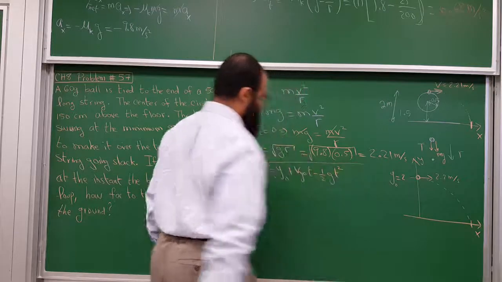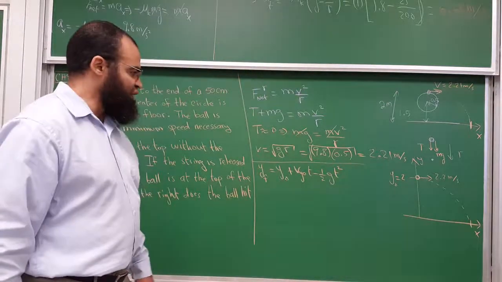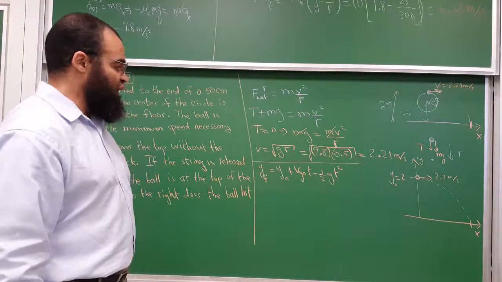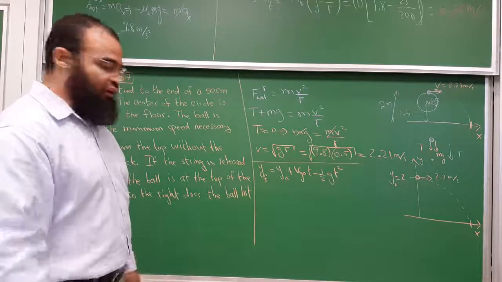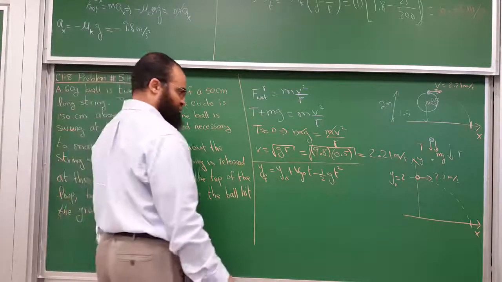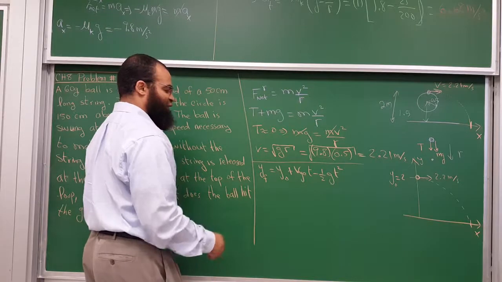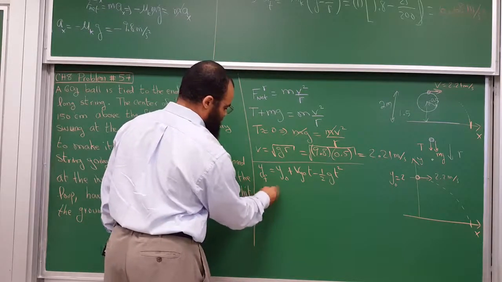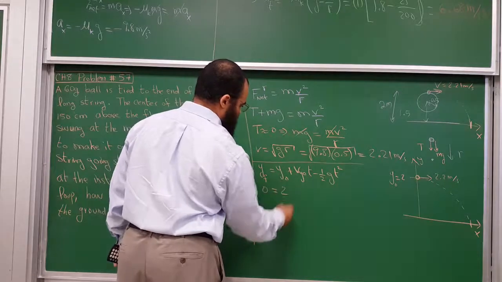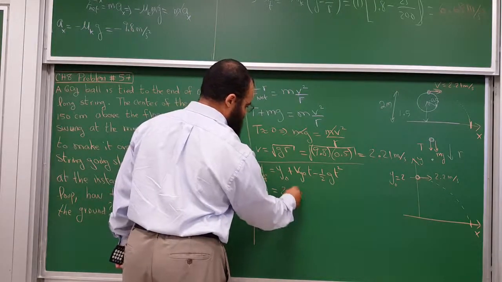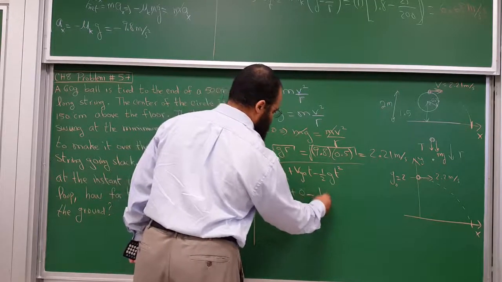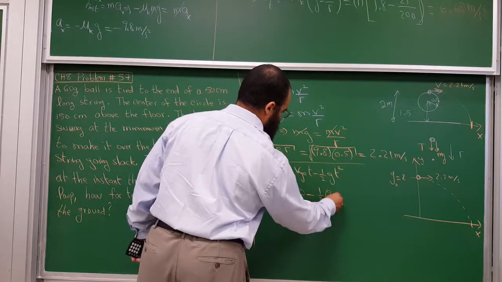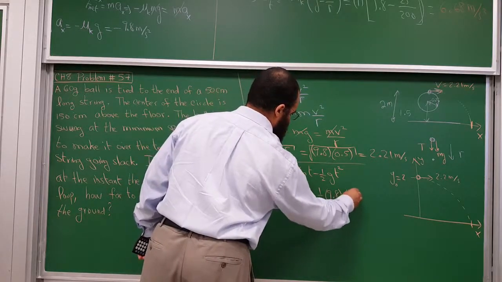I'm just using free fall motion, with gravity only. Projectile motion. The final place it falls is y equal to 0. Initially it's at y equal to 2. Vy initial is 0. And then minus 1/2 of g, that's 9.8, times t squared.